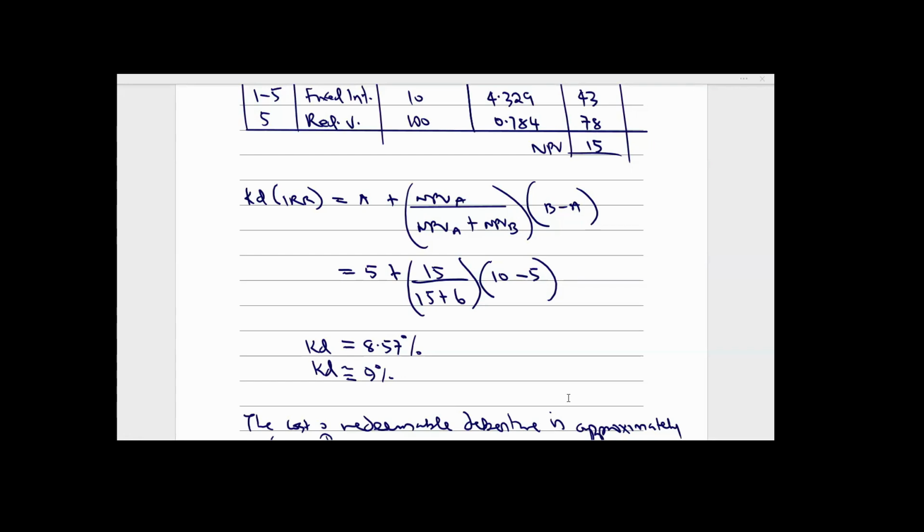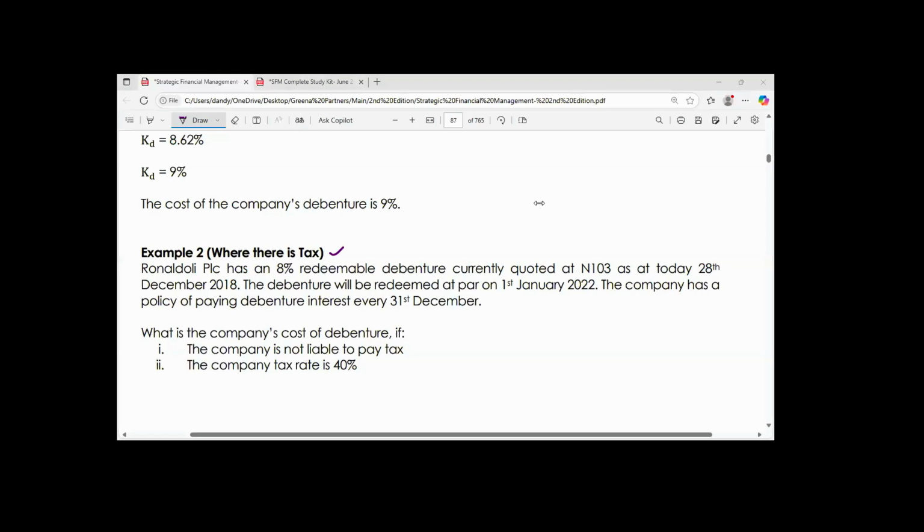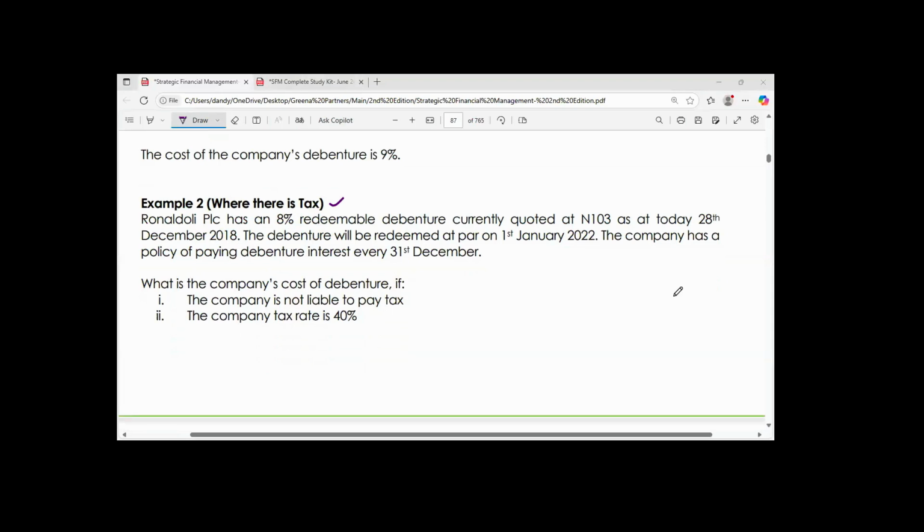Okay, sir. Okay. So let me stop sharing, let's have one more example. Ronald Daily PLC has an 8% redeemable debenture currently quoted at 103 naira as at today, 28th December 2018.